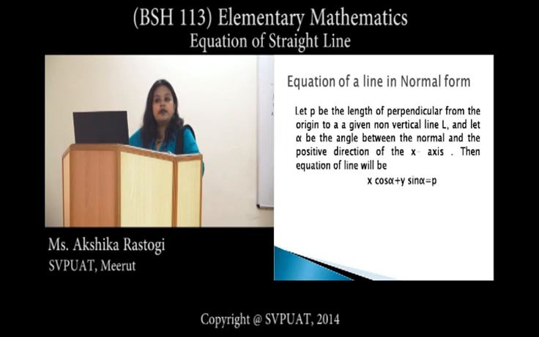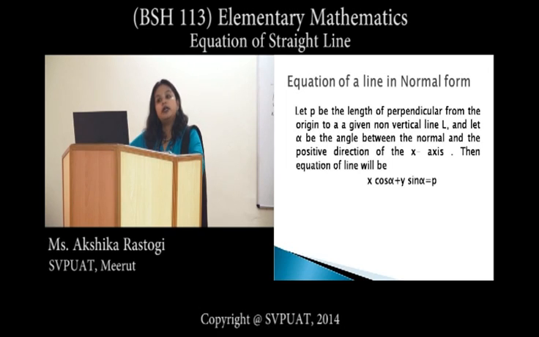And then we have another condition where we have a perpendicular on the non-vertical line in the positive direction of x-axis. You must note that it is only the positive direction on the x-axis. Then only are we able to use this formula.